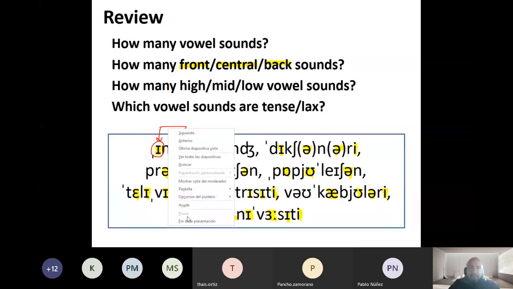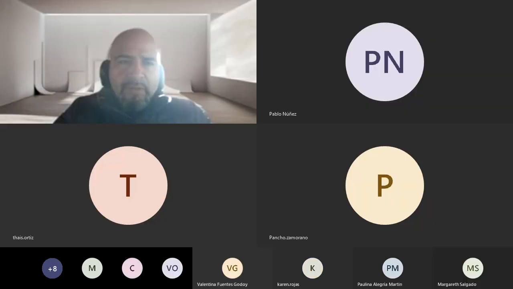Now, the idea is to move on to the next topic, which is not monophthongs but diphthongs. Okay, so I'm going to share the presentation again.